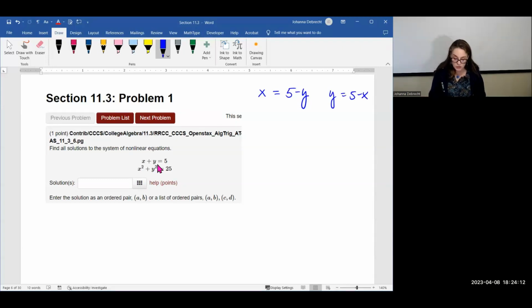Whichever one you want to use, let's take that and substitute it into equation 2. Be sure that you use both equations. If you only use one equation, you're going to get a dependent system because you've only used one equation. So let's take this one. We'll solve for x, and let's substitute for x in equation 2.